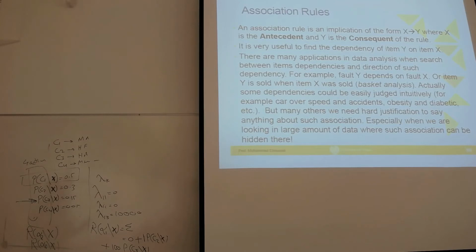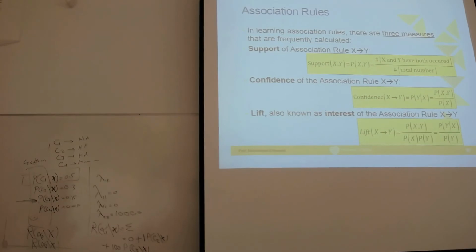So now you have a lot of data, and you would like to study the relation or the correlation in this data. You can do that by checking 3 elements in your data. First is called support of association.